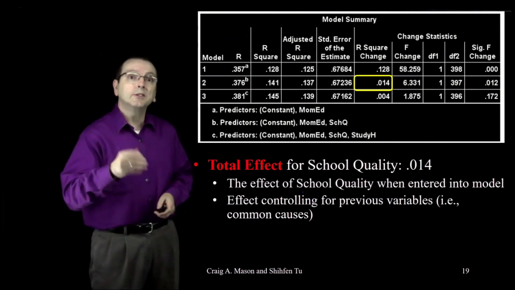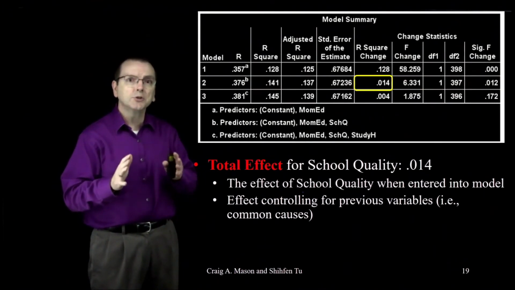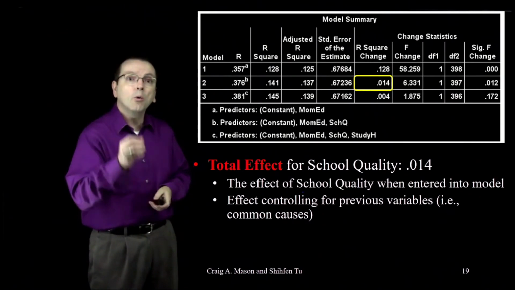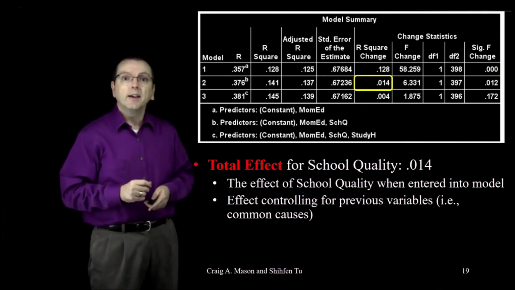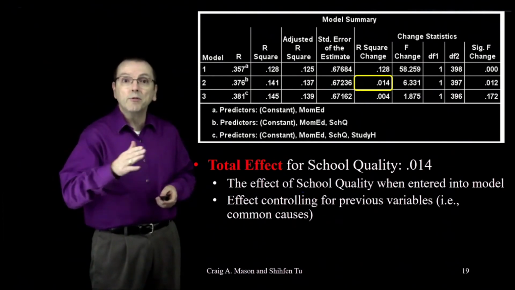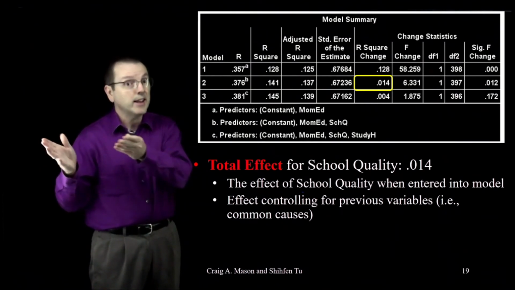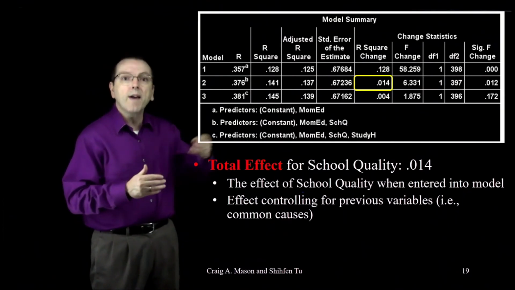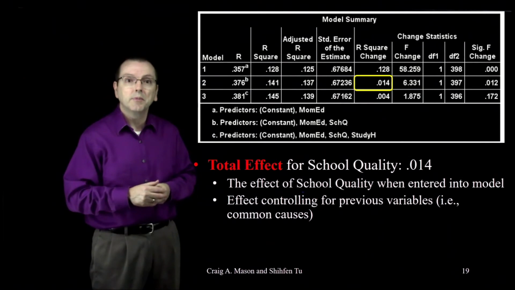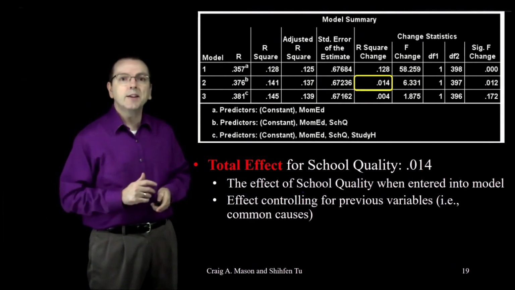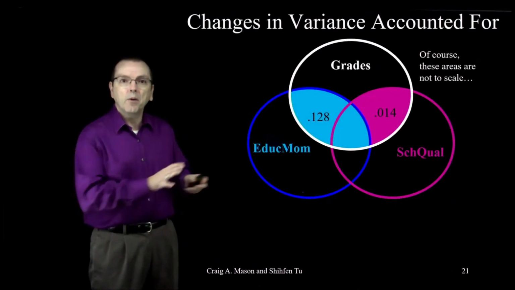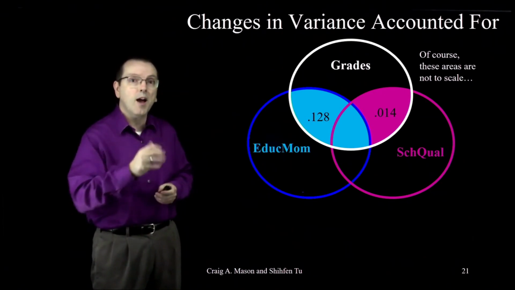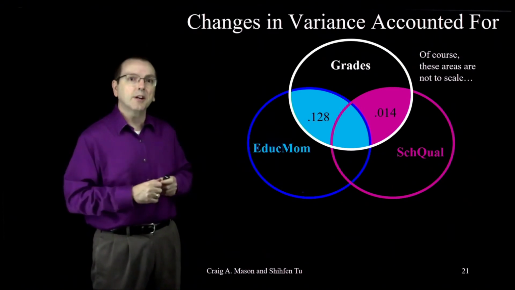Now, this 0.014, that change in R-squared when we entered school quality, is the total effect for school quality. It's the effect controlling for preceding variables and any common causes like mother's education, and before we've added any subsequent variables. We can see that with a Venn diagram. When we look at this change in the variance accounted for with a Venn diagram, things get interesting.